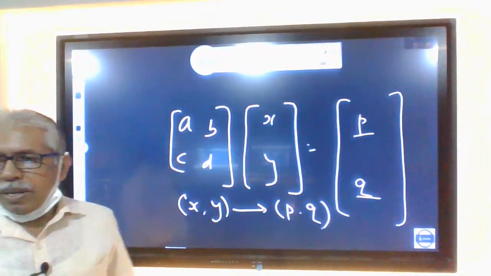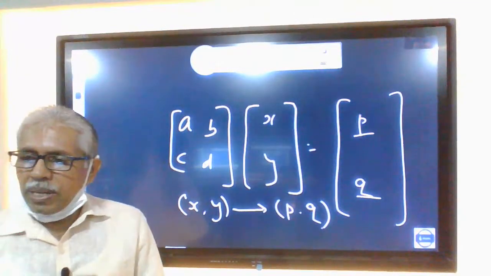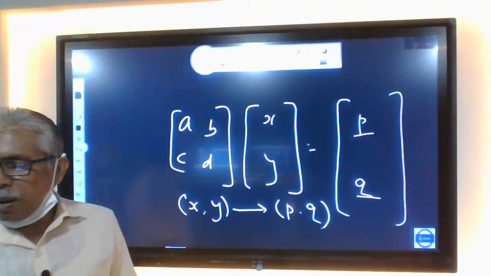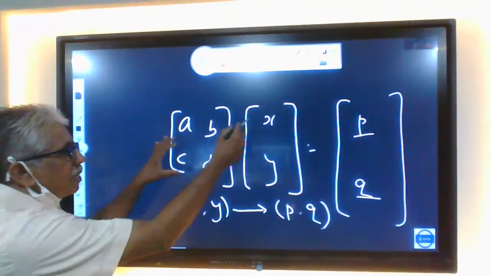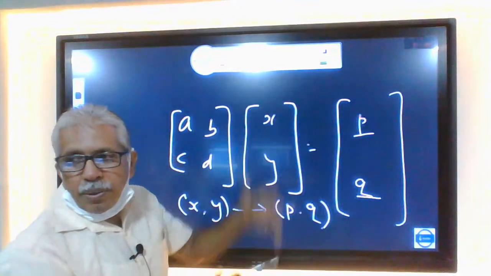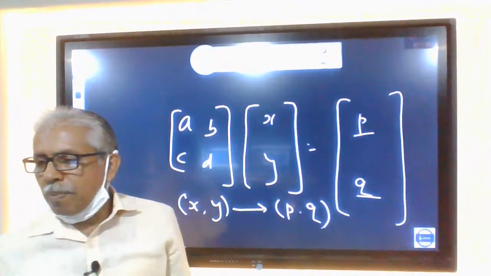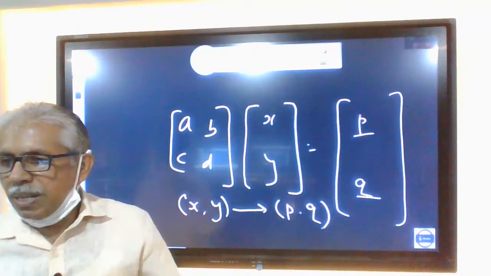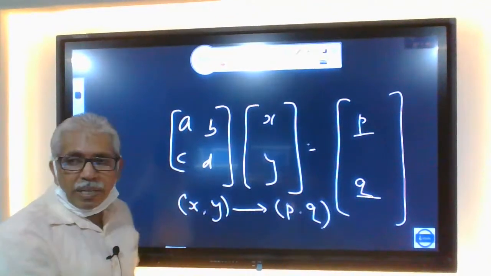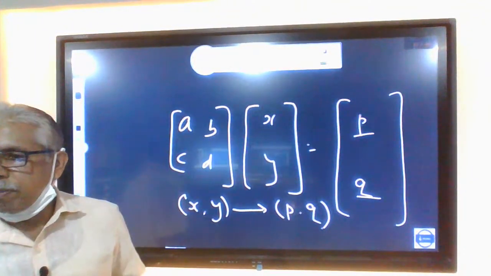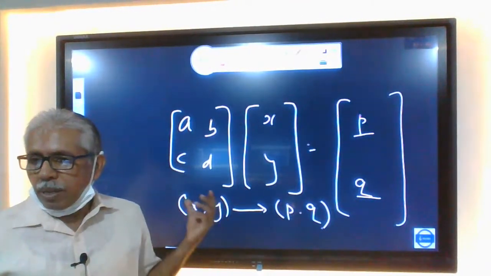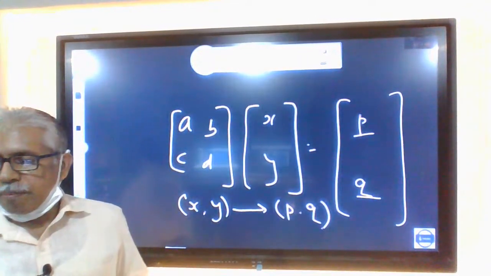In that sense, every 2 by 2 matrix is mapping a point in the two-dimensional plane to a point in the two-dimensional plane. And you know the properties of matrix multiplication, the associativity, linearity, many properties we have. Using that, this particular function has many beautiful properties. You call these properties that represent the function is a linear function.